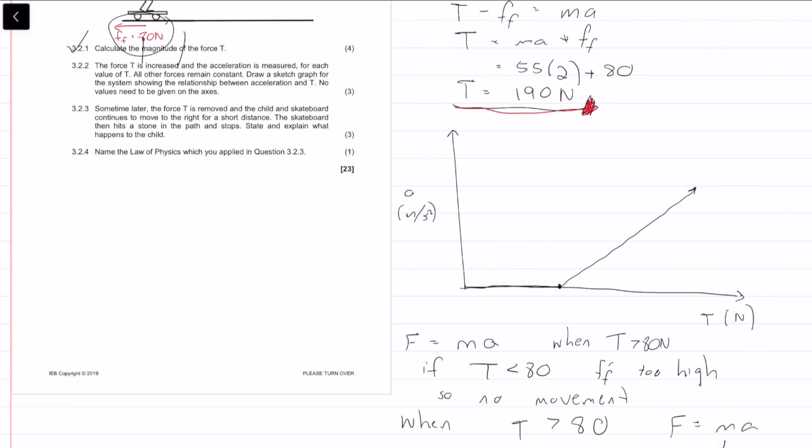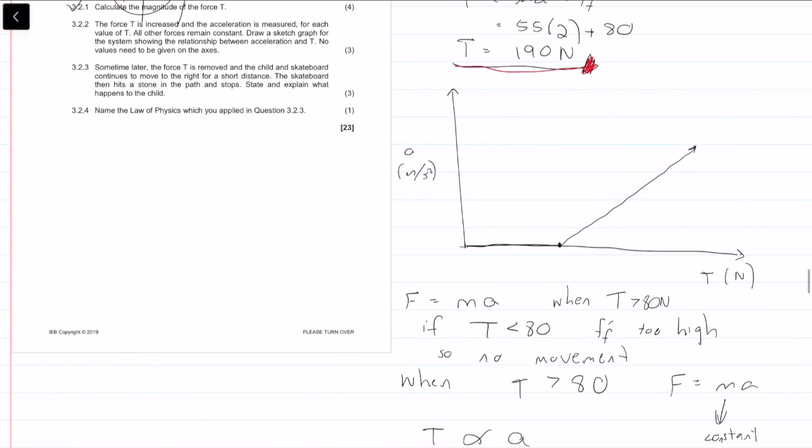Once we reach 80, the acceleration is directly proportional to the force, because the mass is constant. So we get a straight line, but it does not go through the origin. That's very important.